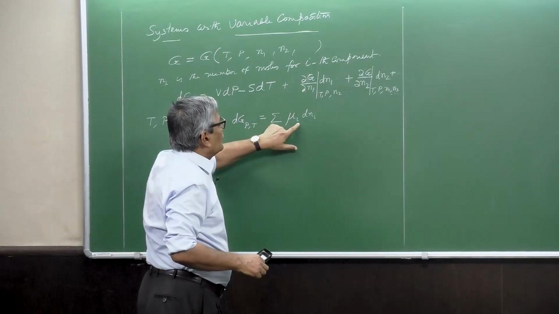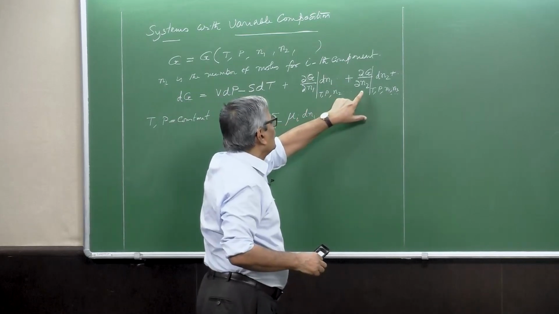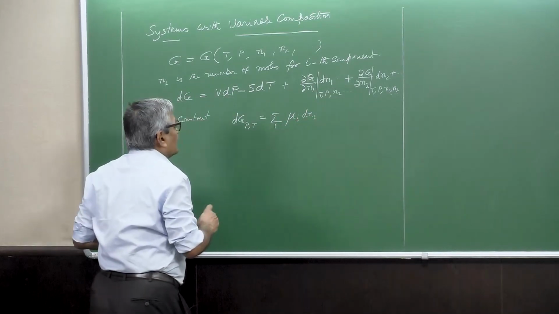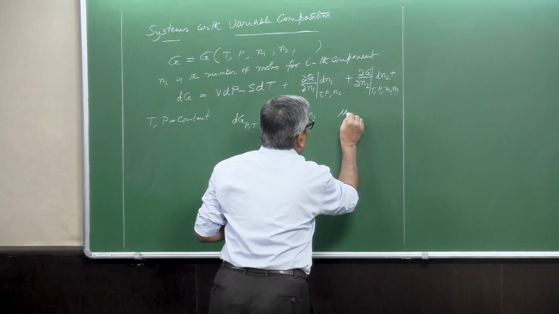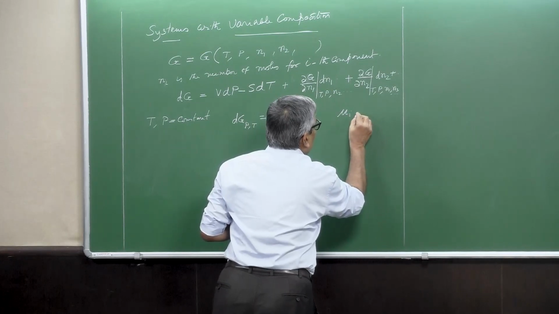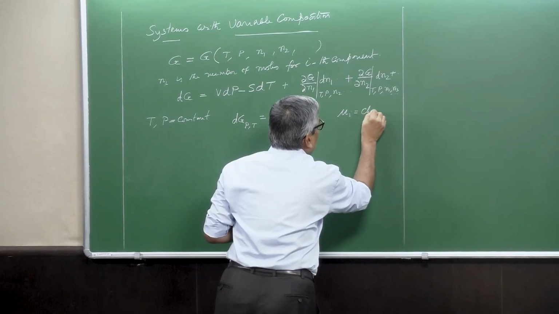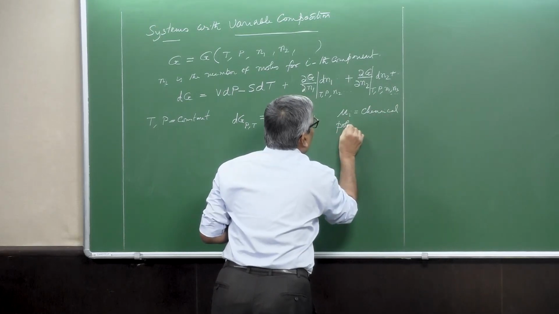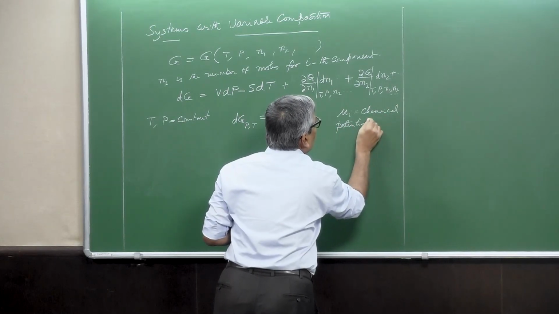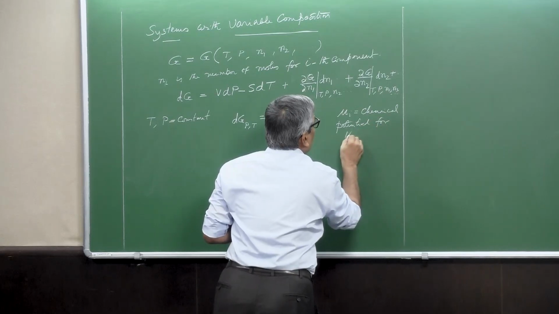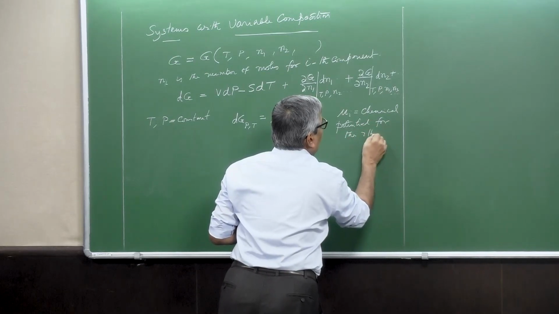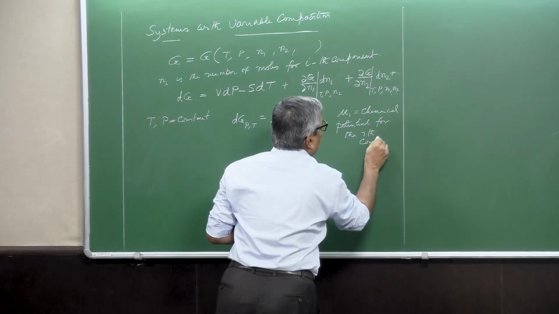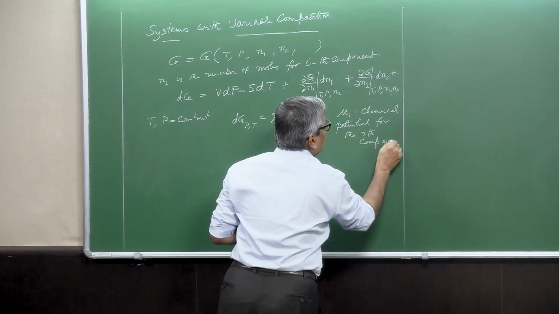That is mu 1, and similarly mu 2 and so on. These are basically the chemical potential. So mu i is the chemical potential for the ith component.